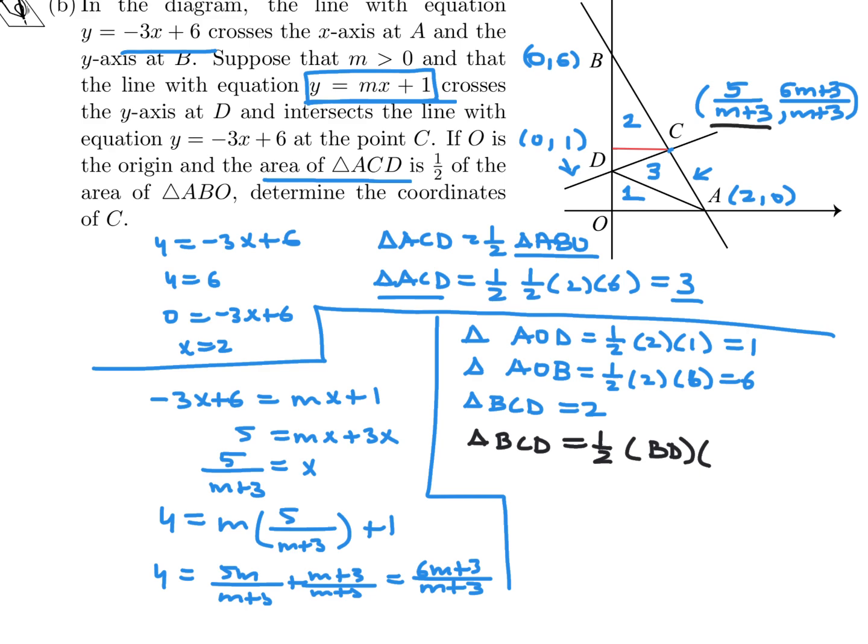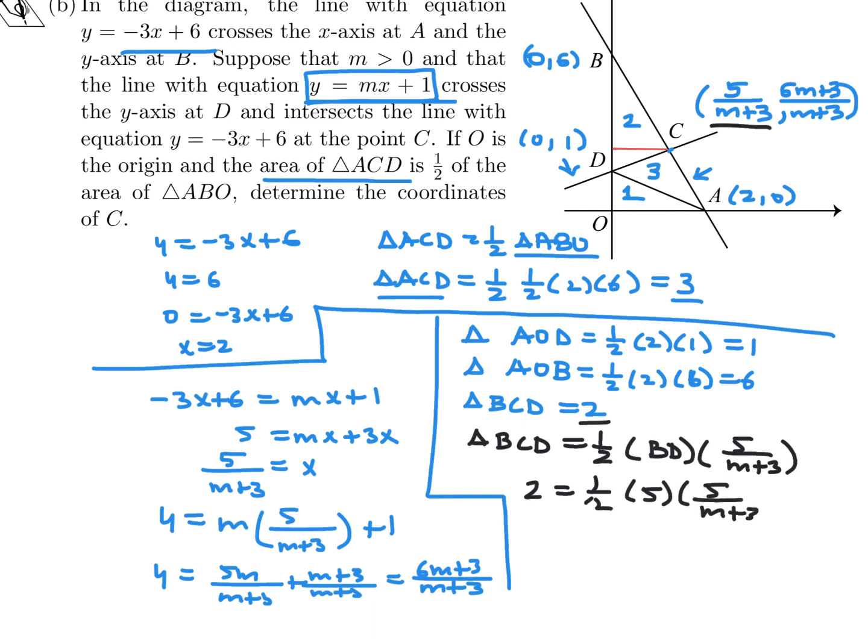So it would be 5 over m plus 3. So BCD we know is 2, 1/2 times BD, from B to D going from 1 to 6, so that's 5, times 5 over m plus 3.